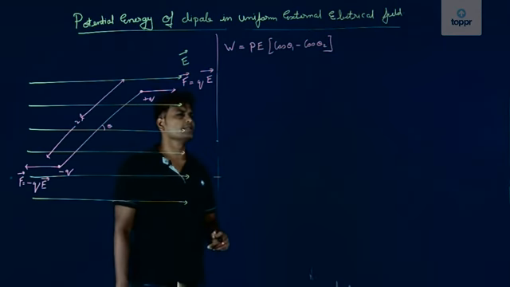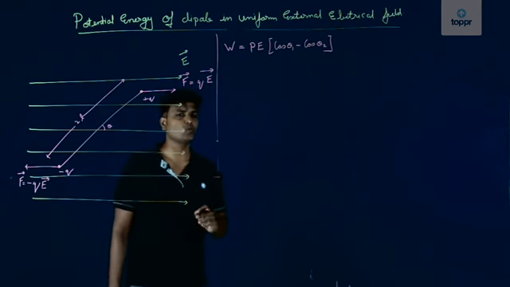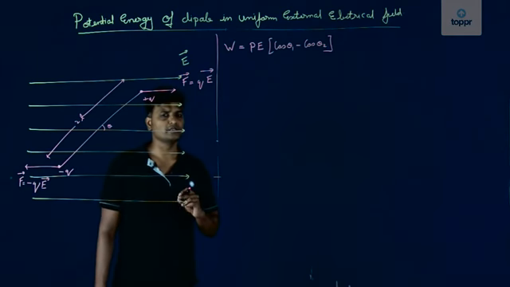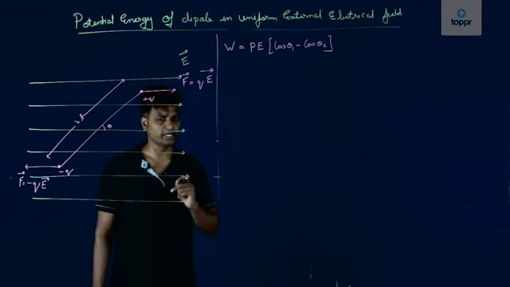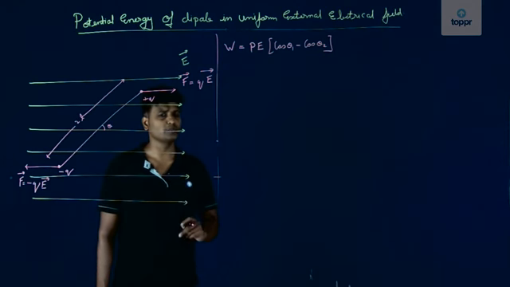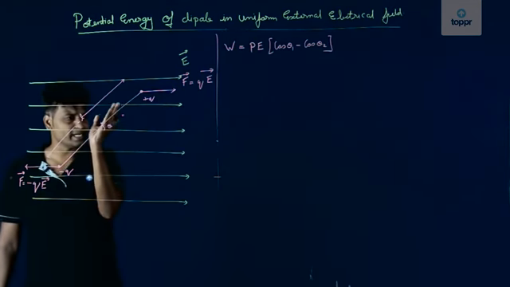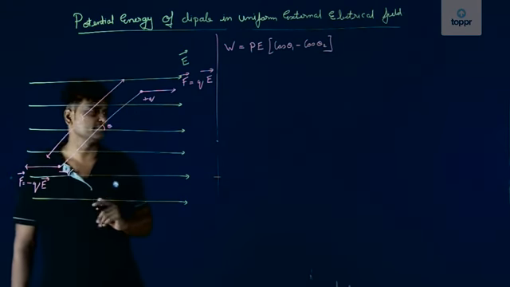Now, in case I assume that theta 1, that means the initial angle of the axis of the dipole along with electrical field, is equal to 90 degree, that means the dipole is held perpendicular to the direction of electrical field.